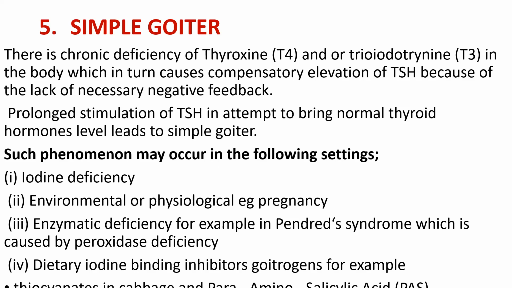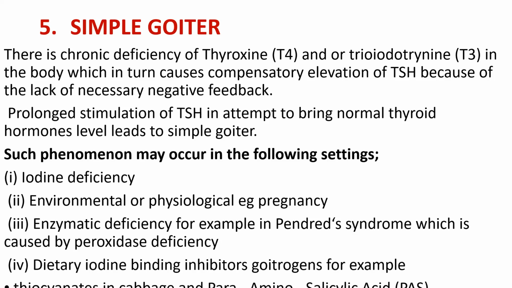So whenever there is a chronic deficiency of T4 and T3 in the body, which in turn will cause a compensatory elevation of TSH because of the lack of necessary negative feedback. Now this prolongation or stimulation of TSH release because of this chronic deficiency of T3 and T4, in attempting to bring normal thyroid hormone, is the one which can lead into simple goiter.